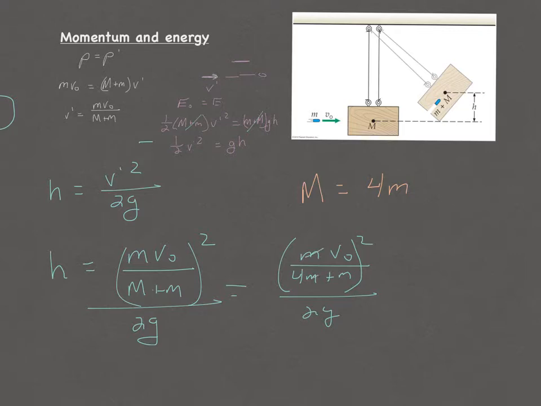So here the m's would all cancel, and we would end up with v naught squared over 5 squared over 2g, and it can simplify down as v naught squared, 5 squared is 25. That drops down at the bottom over 50g. We can do this with any type of energy transformation problem. I found this one, maybe we can work through, actually involves a lot.